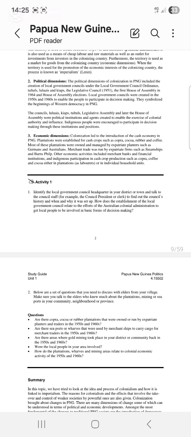But this dimension here is talking about the establishment of political institutions brought by the colonial era. So, for example, in 1884, Papua was declared a British protectorate and German occupied New Guinea.